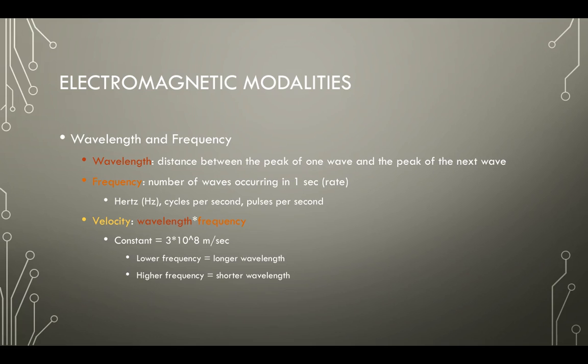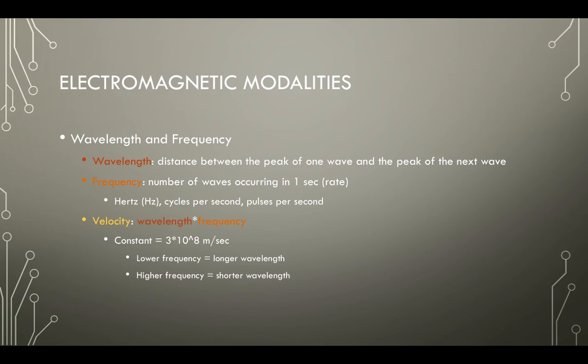All forms of electromagnetic radiation have a specific wavelength and a specific frequency, because all electrical energy travels at the speed of light. So velocity stays constant, and that's 3 times 10 to the 8th meters per second. What that means is we have an inverse relationship between wavelength and frequency.